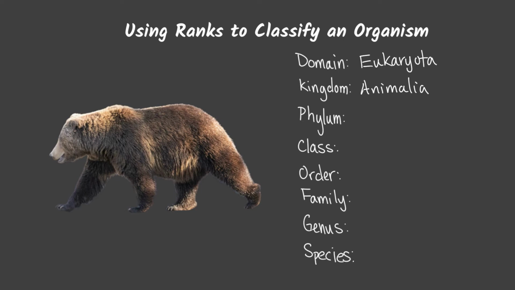Animals would include all mammals, all fish, all reptiles, all birds, all insects. So animals is a massive category, so massive types of species of organisms fit into the kingdom Animalia. When we drop down to our phylum, grizzly bears belong to Chordata.